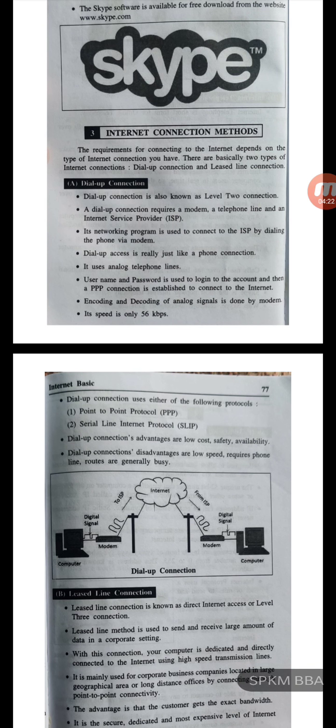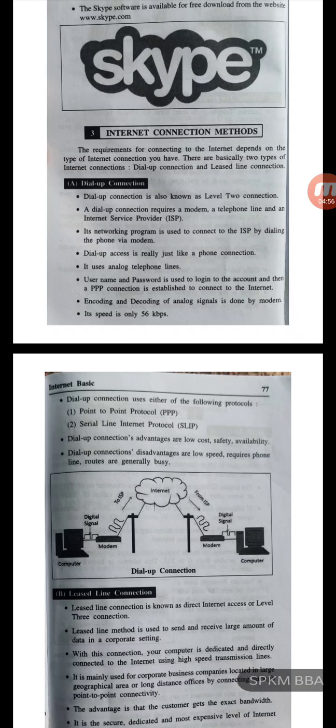Its speed is only 56 kbps. So it is a limitation of dial-up connection that its speed will be only up to 56 kbps. Kbps means kilobits per second. Dial-up connection uses either of the following protocols. Protocols are a structured system through which the internet can be connected.